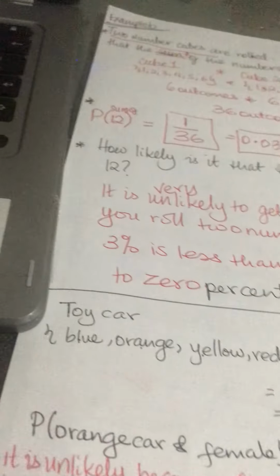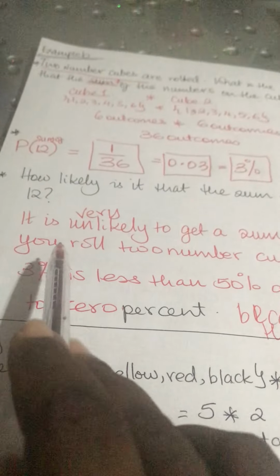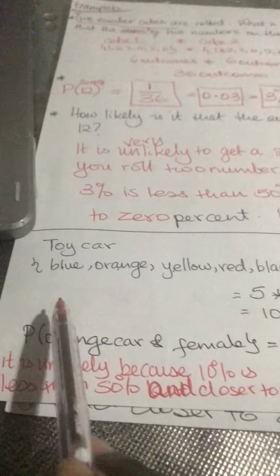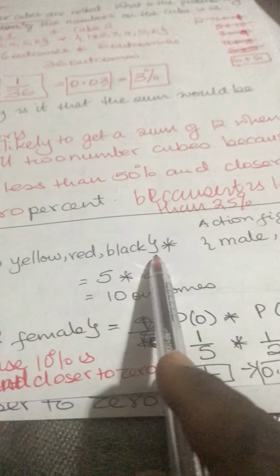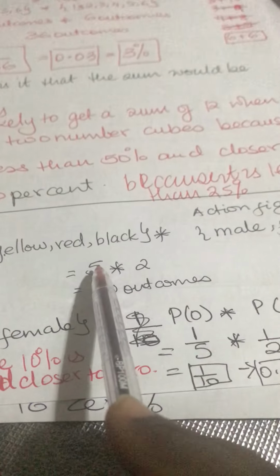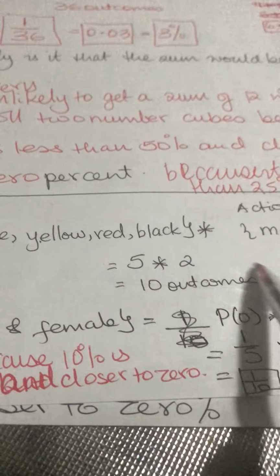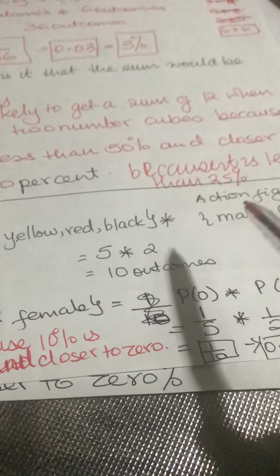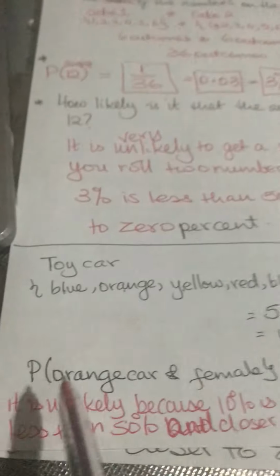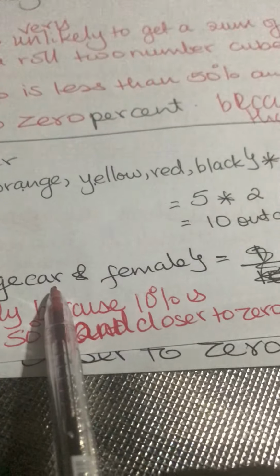Okay? So now let's see how I did it over here. I wrote my sample space here. Blue, orange, yellow, like that. Male and female figure. Then this is 5, this is 2. I have 10 outcomes. After I found my outcomes, I knew my denominator has to be 10. So this helps me check here. Then, probability of orange car is 1 out of 5.